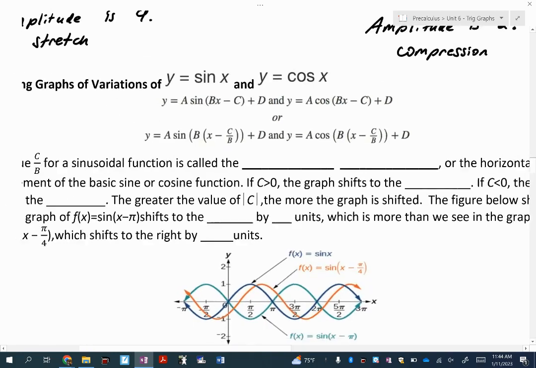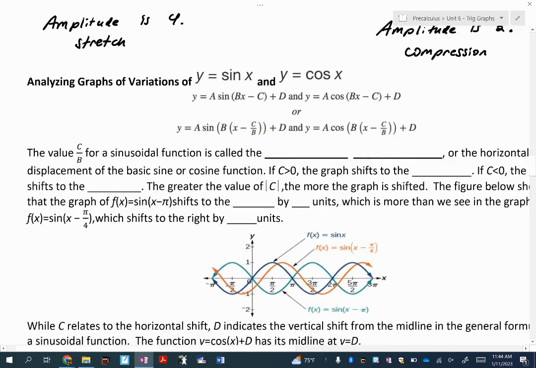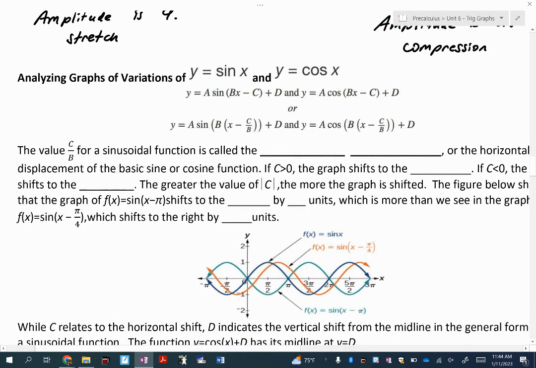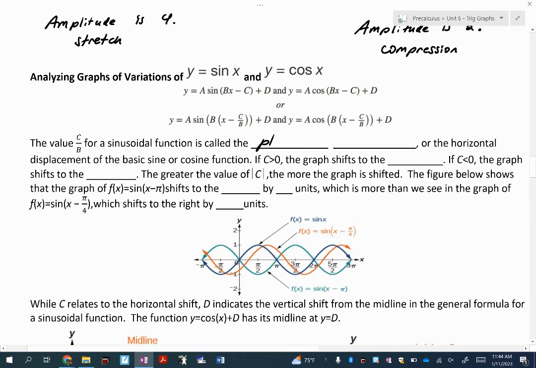Okay, now let's get into, I kind of already mentioned this earlier, the horizontal shift, which in this book they call the phase shift. I'm not really going to talk much about phase shift. As I said, I'm going to be factoring out anything that's in the parentheses. So I really just think of this as the horizontal shift. So here's a good example.